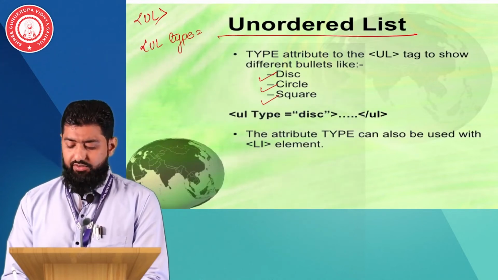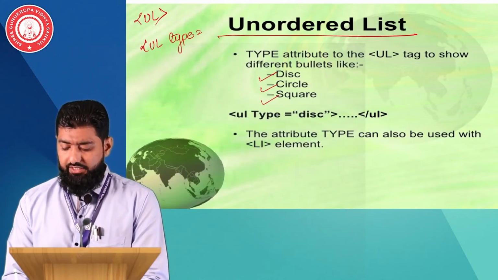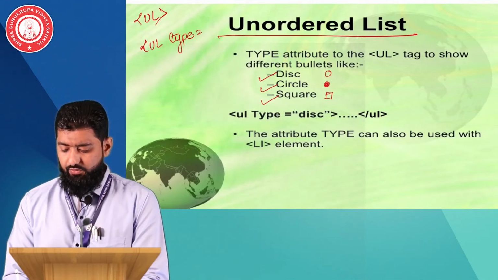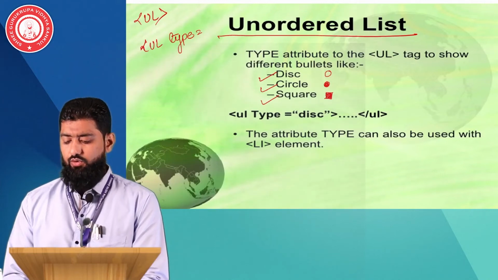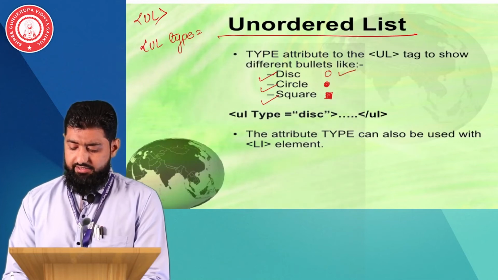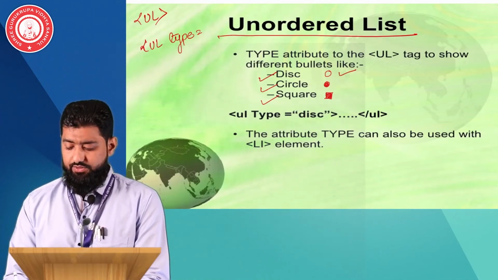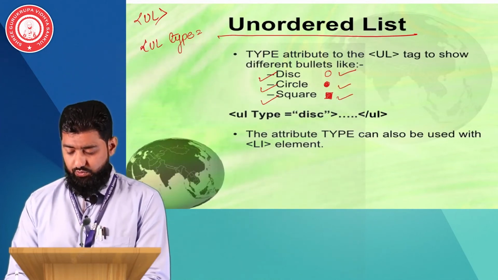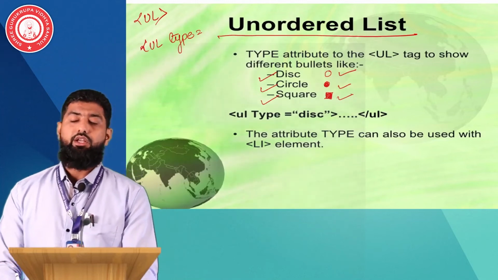So what is the difference between these three things? Disk is like this, a filled circle, a circle that is blank with no fill color, and a square with the fill color. By default it shows a disk, but you can change it to circle and you can change it to square. Whatever your requirement, you can go through.